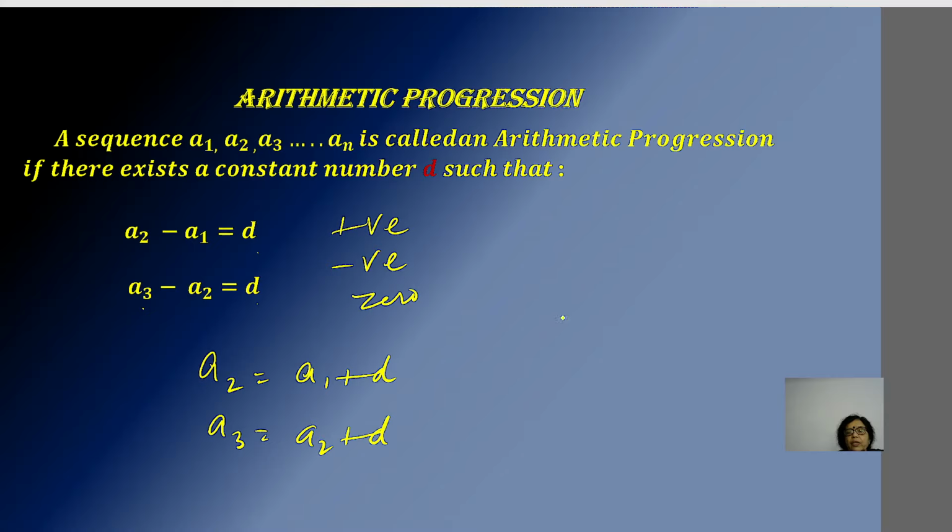So if we want to generalize it, supposing I take a2 is equal to a1 plus d. Let's represent a1, the first term, with a and the common difference with d. We want to arrive at a particular general expression, so I am taking the first term as a and the common difference as d.